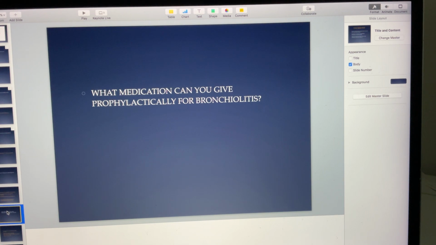Next question: what medication can be given prophylactically for bronchiolitis? Now, keep in mind there's no vaccination, but there's a medication that can be given, especially to those who are immunocompromised, to prophylactically target bronchiolitis.